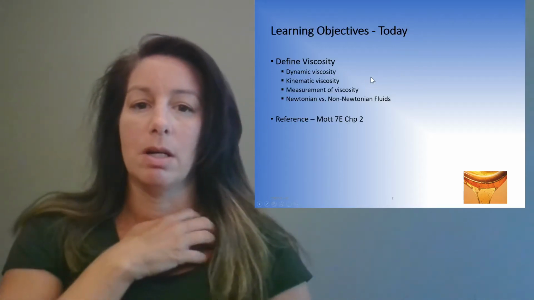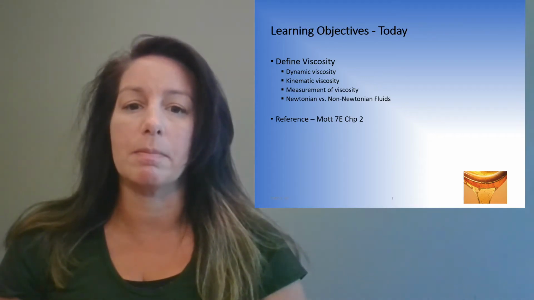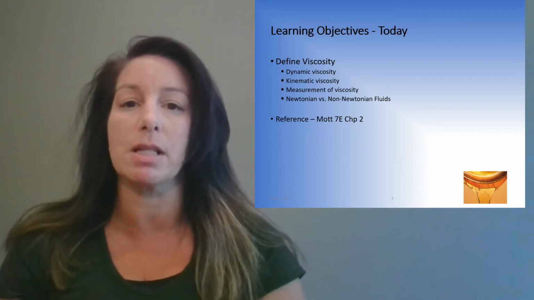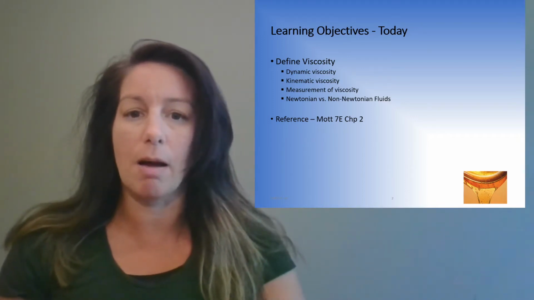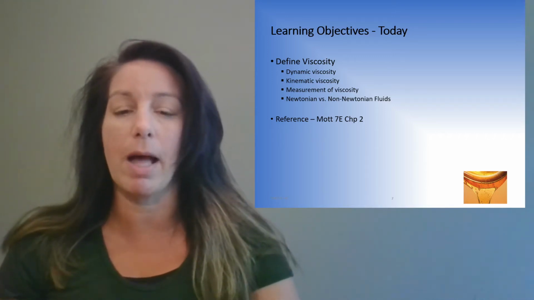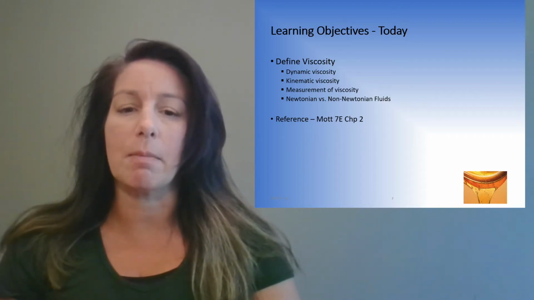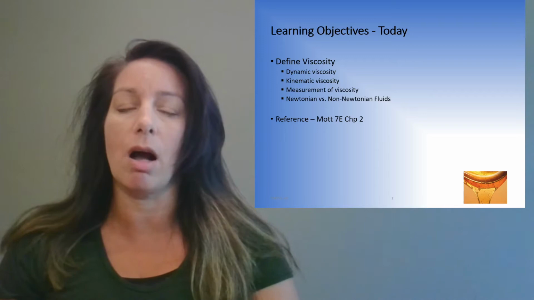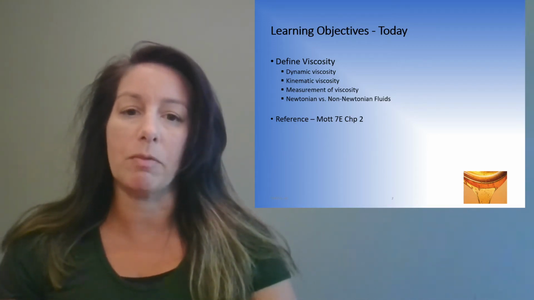Okay, so what are we going to talk about? We're going to define viscosity. We're going to talk about different types of viscosity, usually with fluids: dynamic viscosity, kinematic viscosity, how to measure viscosity, and Newtonian and non-Newtonian fluids, which might be a new concept for you.